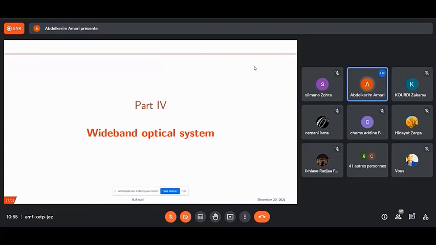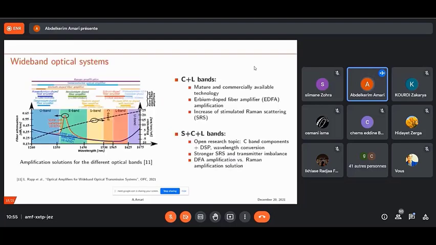Let's move to the fourth part, wideband optical systems. So previously, for optical communication systems, the C-band was used for transmission.